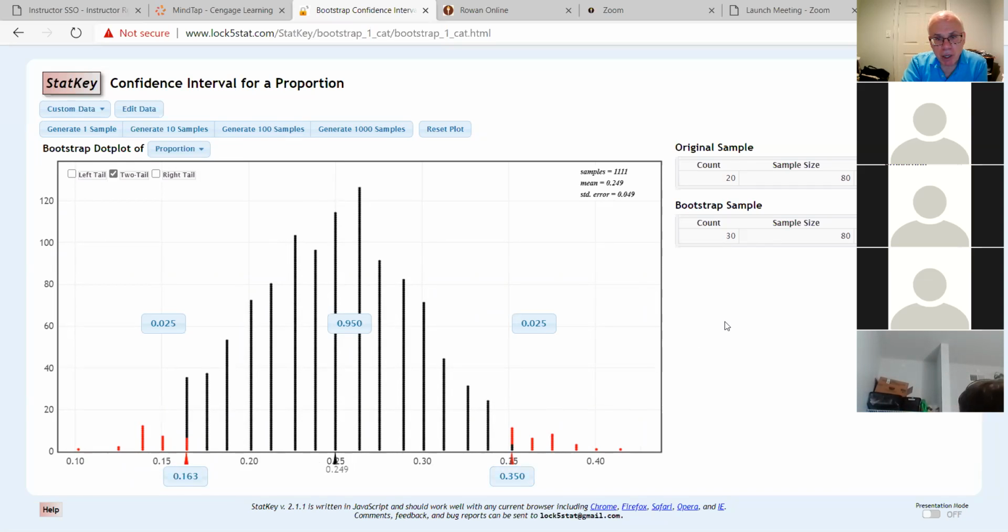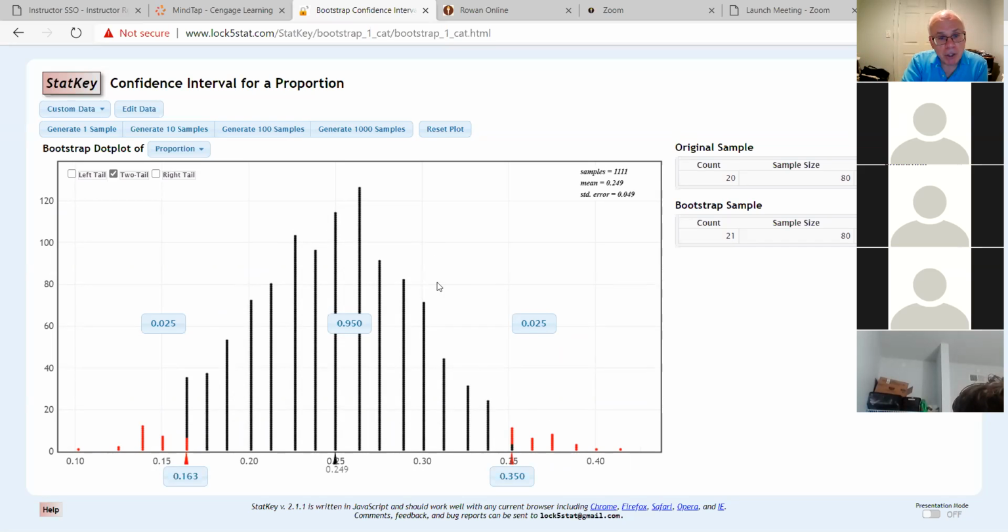How many samples are in the sampling distribution? Millions, zillions of them. We're only choosing 1,111 of these possible samples. So even the plot that we're coming up with here is going to be different each and every time we do this, and each one of you will come up with a different looking plot.